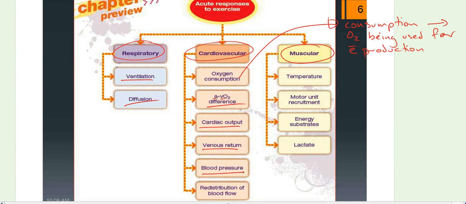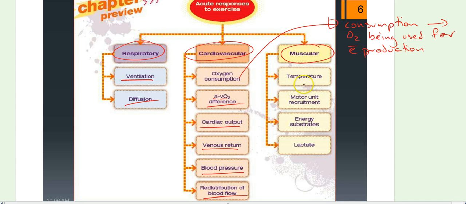So we're looking here at the force at which blood is ejected from the heart. Redistribution of blood flow. So we get a much greater amount of blood flow to the working muscles when we exercise. But are there particular internal organs that perhaps don't receive as much blood during exercise as they would at rest, because the body deems it to be more important to get oxygen to our working muscles?